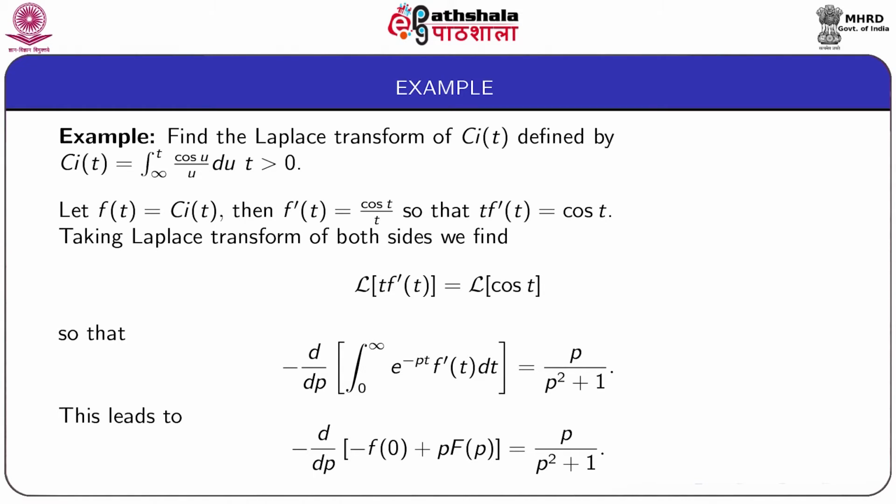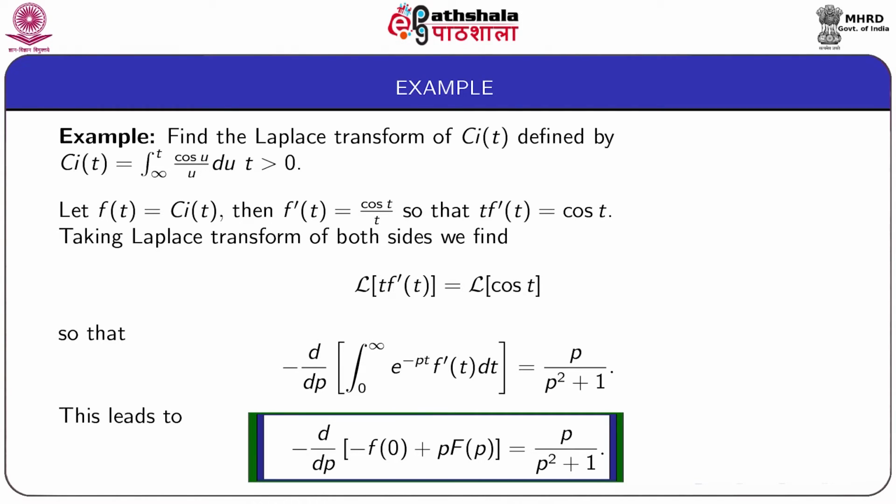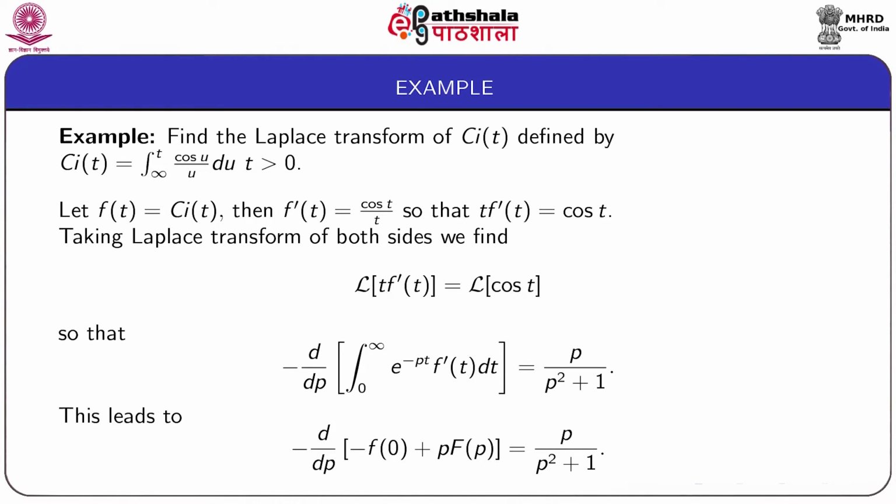And this leads to, after integrating by parts this integral, minus d/dp of minus f(0) plus p F(p). Here capital F(p) is the Laplace transform of small f(t). So we find minus d/dp of minus f(0) plus p F(p) is equal to p by p square plus 1.